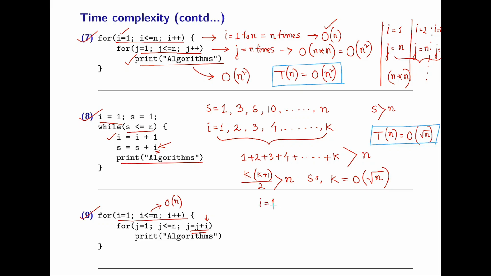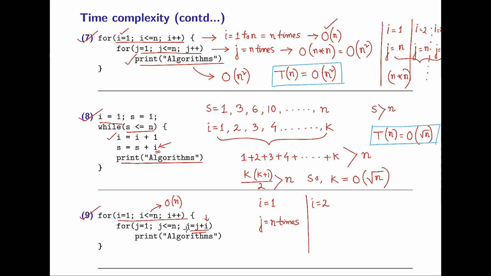When i equal to 1, how many times is j going to execute? j is going to execute n times, because it goes from 1 to n. Next, when i is equal to 2, how many times is j going to execute?